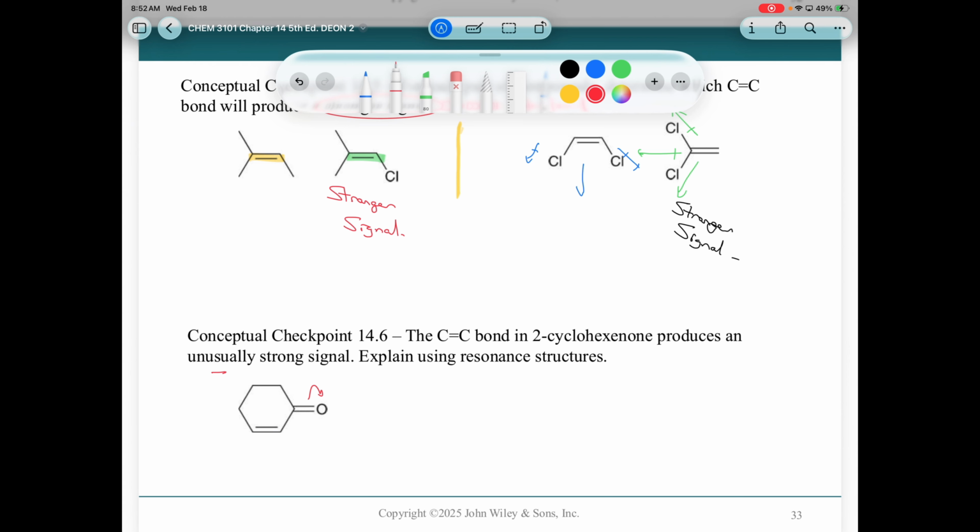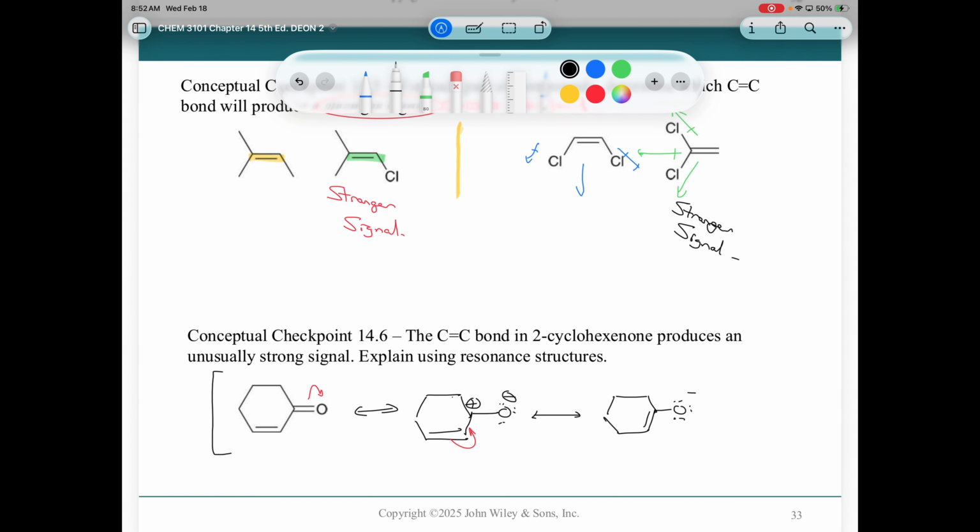Okay, let me get my pen out here. We could draw this resonance form where our double bond in the ring is still intact. We have our negative charge here, a positive charge here. And then we can draw another form where we're going to show a positive charge on one of those carbons of that double bond. So is there a dipole in there? You bet there is. Oh yeah, big time. There's a beautiful dipole in there.